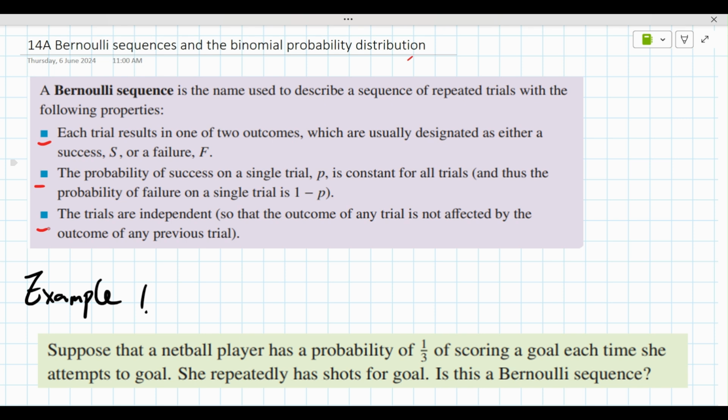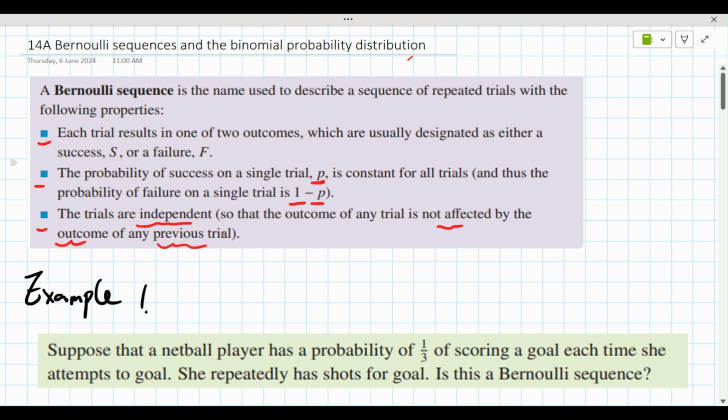The probability of success in a single trial we call p, and it is constant for all the trials. The probability of failure on a single trial is called 1 minus p. The trials are independent, so the outcome of any trial is not affected by the outcome of any previous trial.